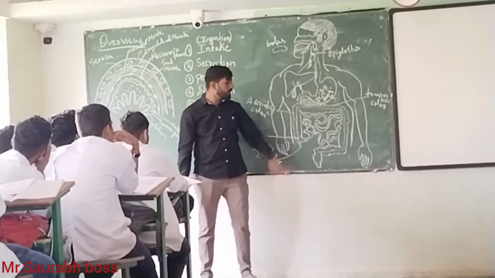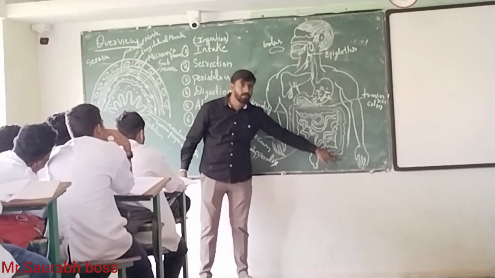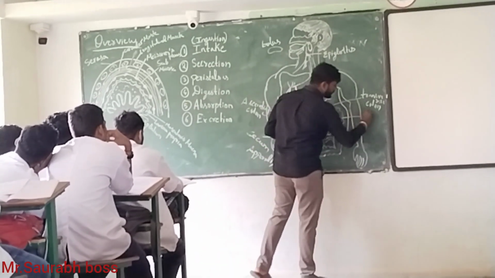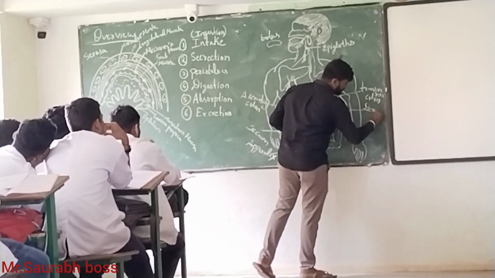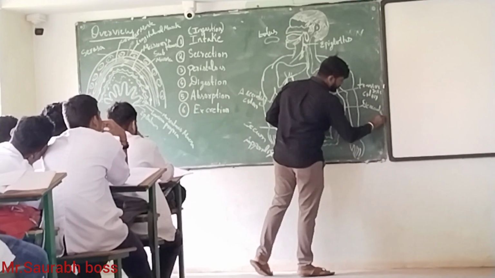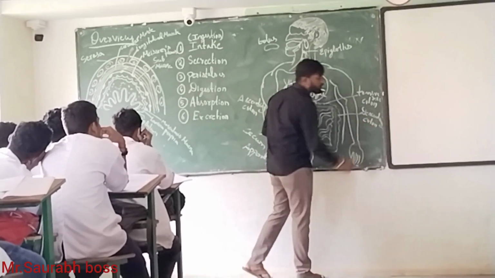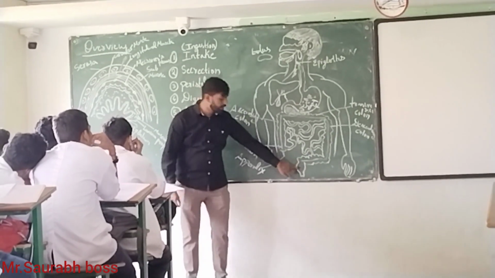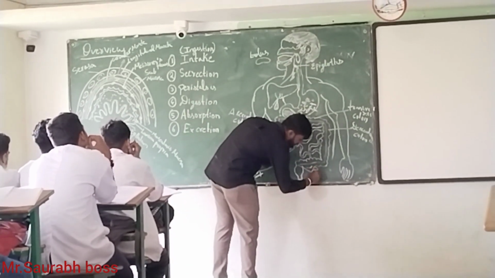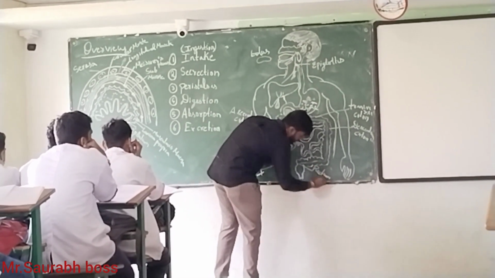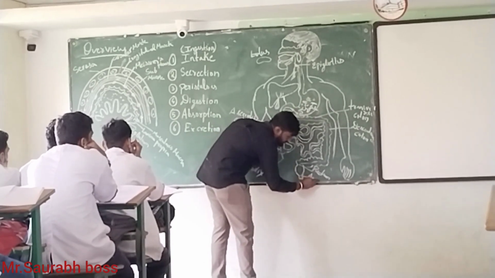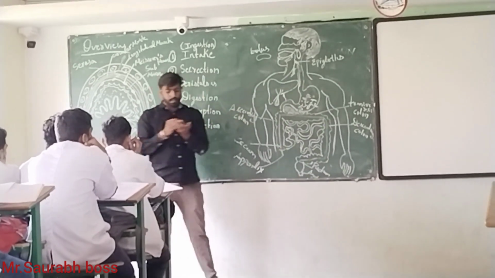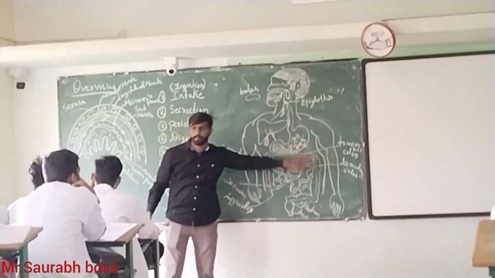If the colon goes from above to down, we call it the descending colon. From the descending colon, it goes to the rectum, then the anus. By this route, the food will go.